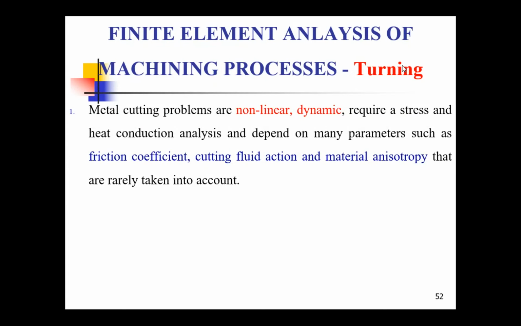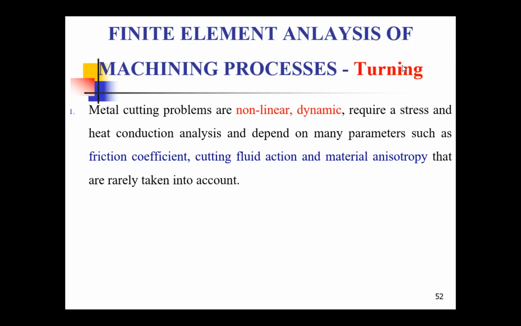So why are we going to consider turning? Here we are going to consider only a simple example of machining, that is turning. Normally, metal cutting problems are non-linear and dynamic. They are non-linear, we cannot predict them, and they are dynamic. It changes with respect to time. You cannot predict parameters because it mainly depends upon the friction coefficient between the chip and the cutting tool, and the action of the cutting fluid.